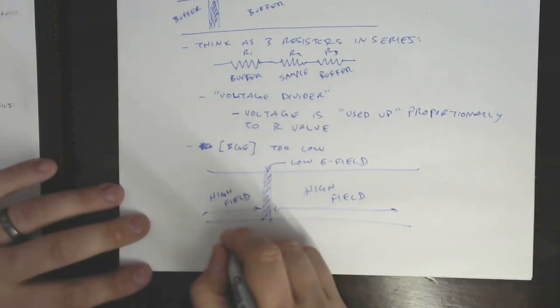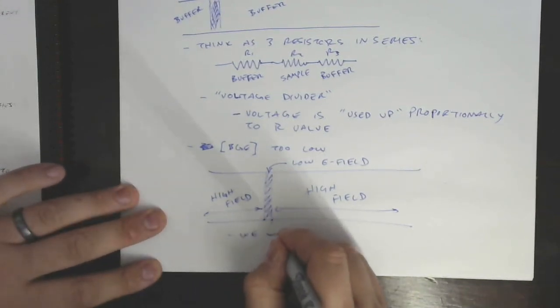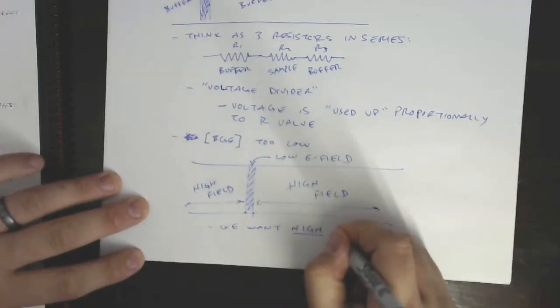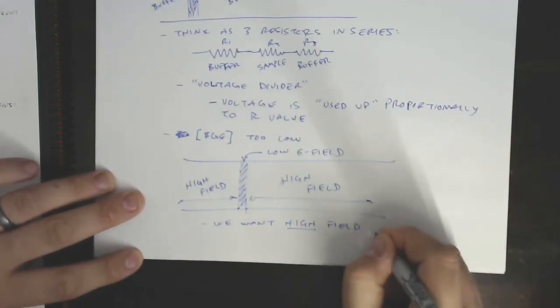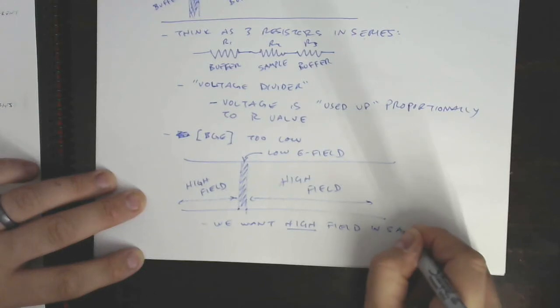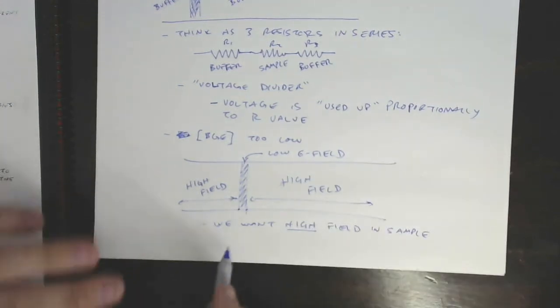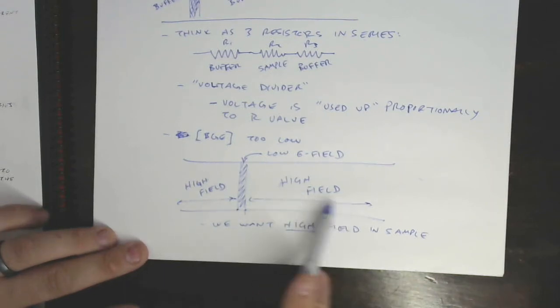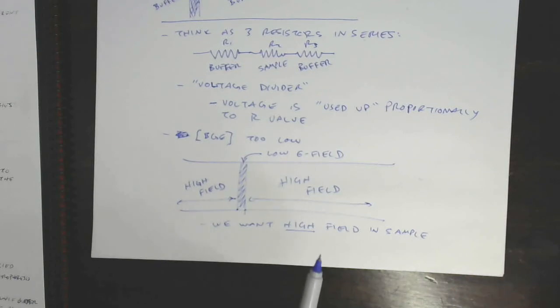And the problem is that we want a high field where we have this sample mixture, right? The place we're trying to do electrophoresis is amongst this mixture. It is very good to have high electrophoretic mobility in an area where there is no sample, right? We want the high field in the sample.